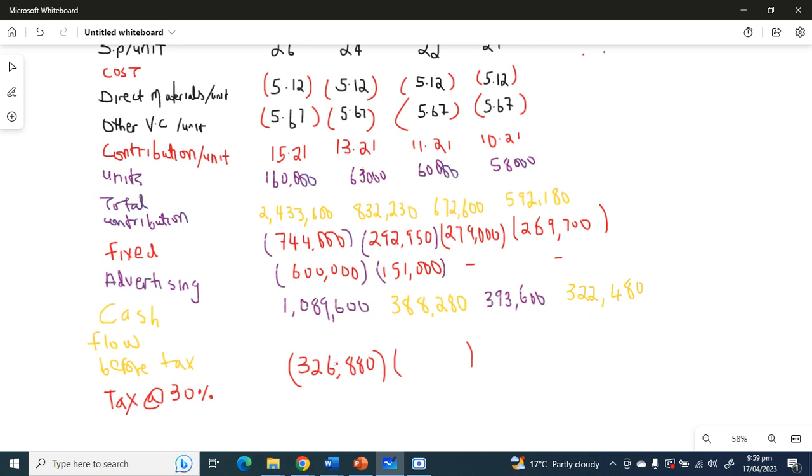And those are the ones we want to use for the net present value technique. 30% of 388,280.